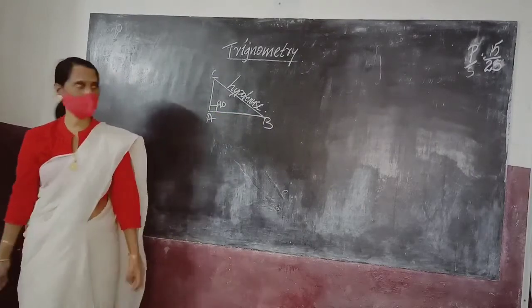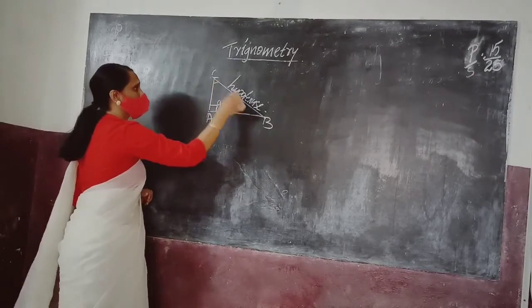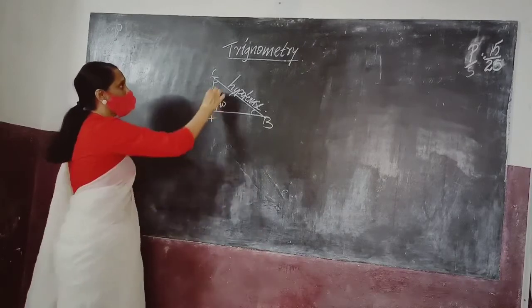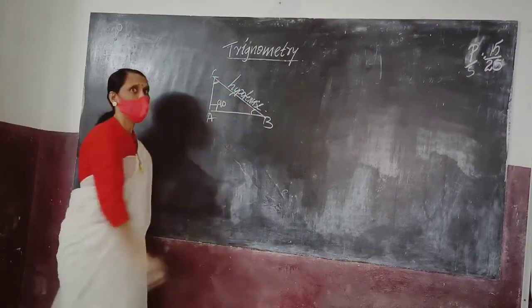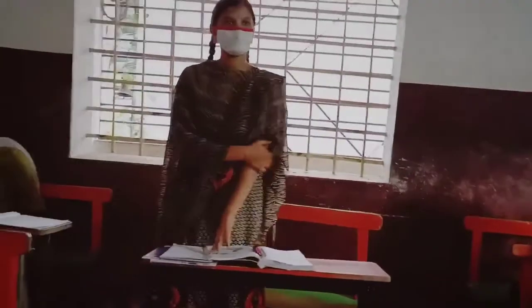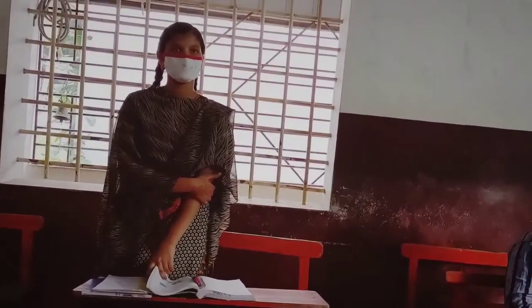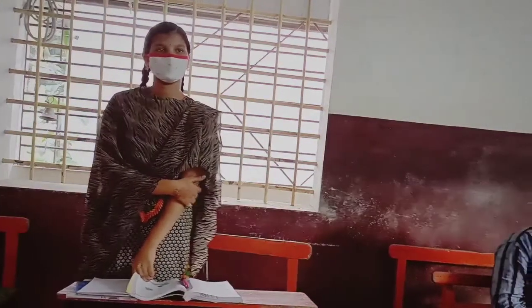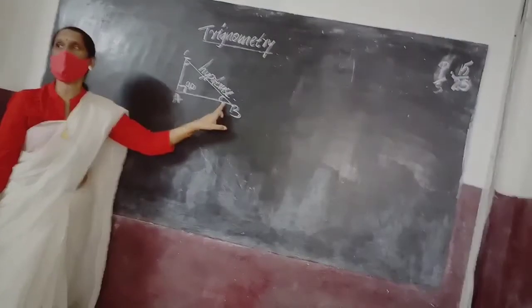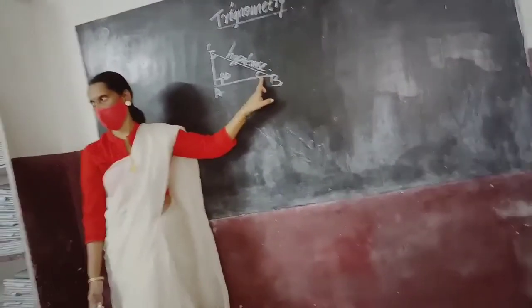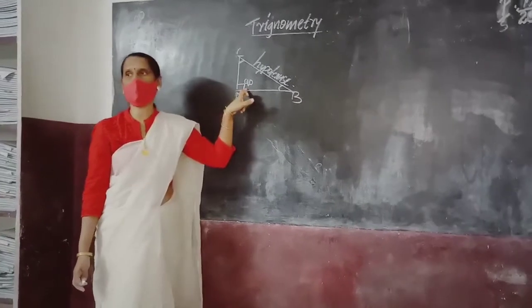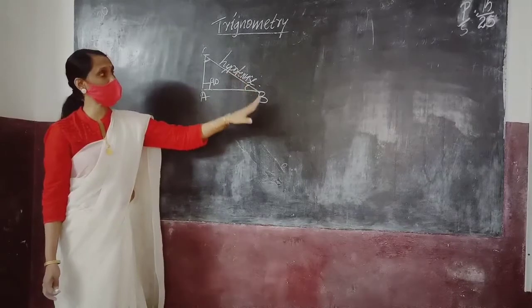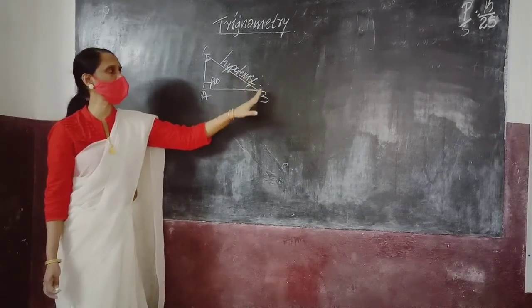One more thing: these two angles. Manasa, what do you think about these two angles? Are they obtuse or acute? These two angles are acute angles. Okay. So when one is a 90 degree angle, the other two will be acute angles.